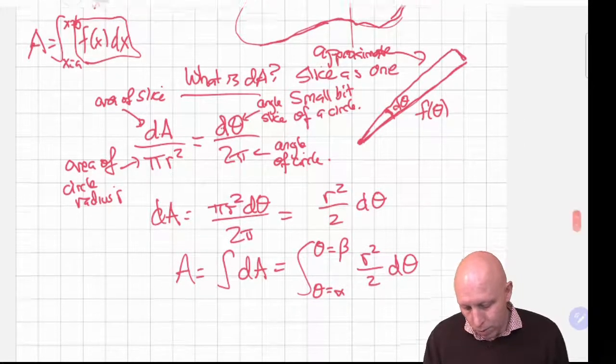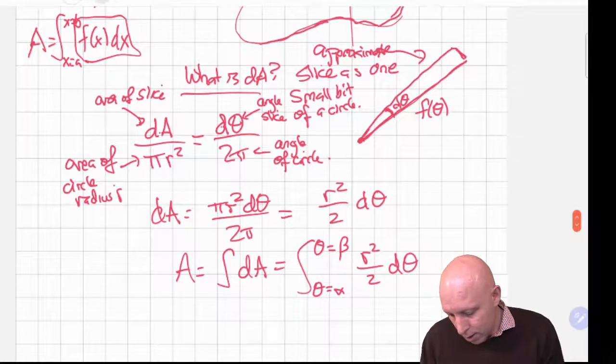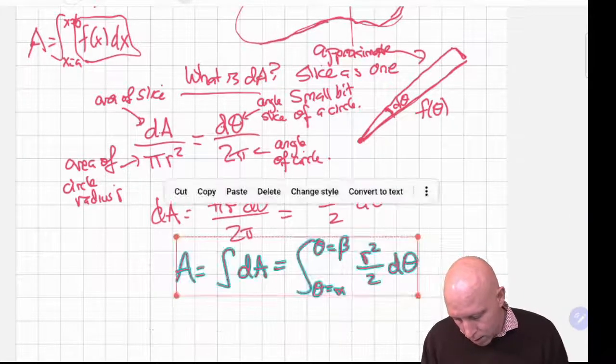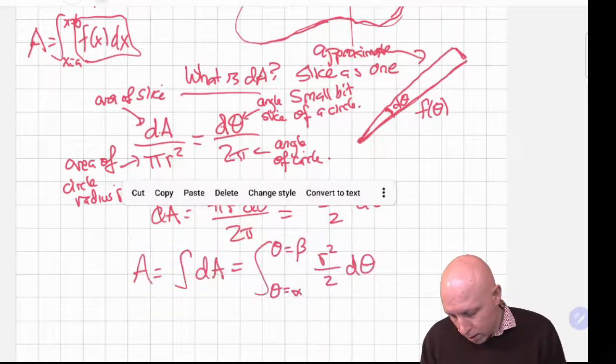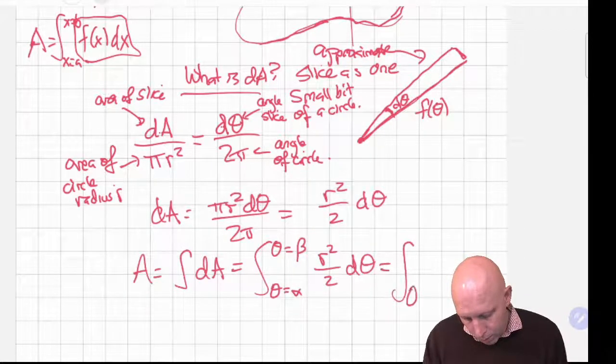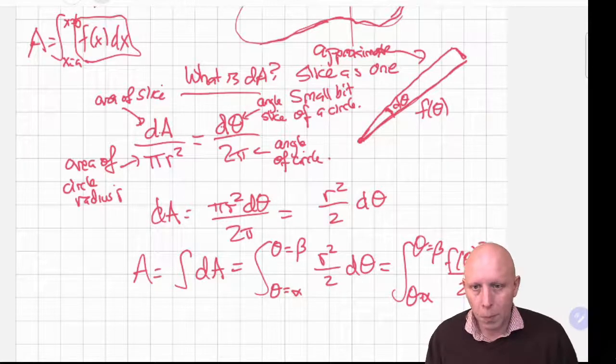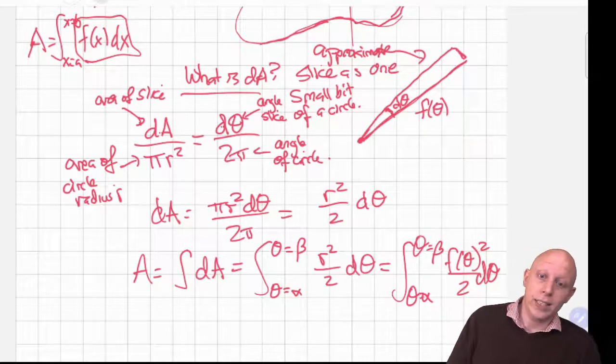And if we write that with f instead of r, then we get the integral from theta equal alpha to theta equal beta of f of theta squared over 2 d theta. Whoops, I'm in the way.